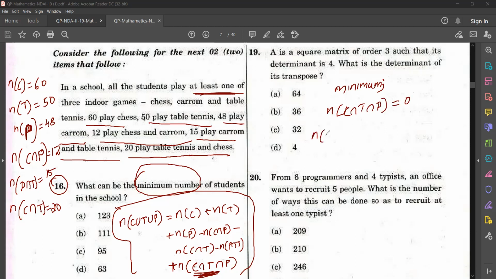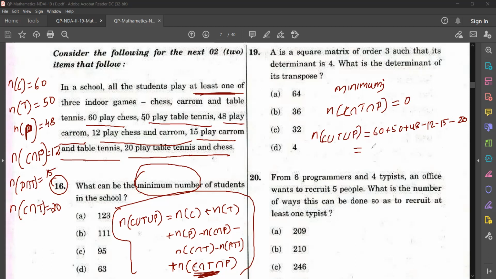So what is the minimum number of students? C union T union P is equal to 60 plus 50 plus 48 minus 12 minus 15 minus 20. So do that: 110 plus 48 is 158, minus, do this subtraction also.